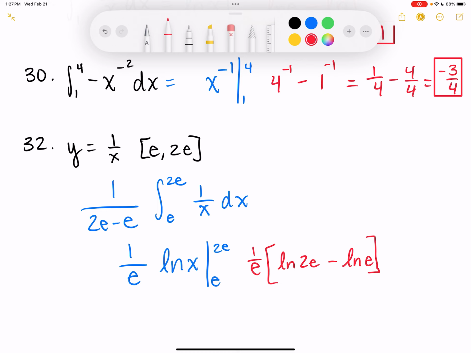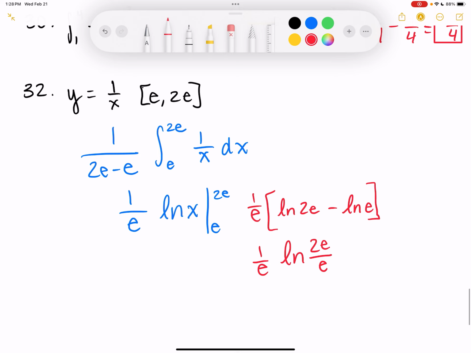I can divide. So this would be 1 over e times the ln of 2e over e. I have an e on top and bottom, so I can cancel it, and I would be left with the ln of 2 over e. Because you didn't have a calculator for this problem, that would be a sufficient place to leave it.